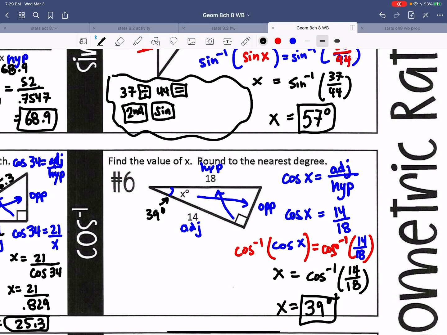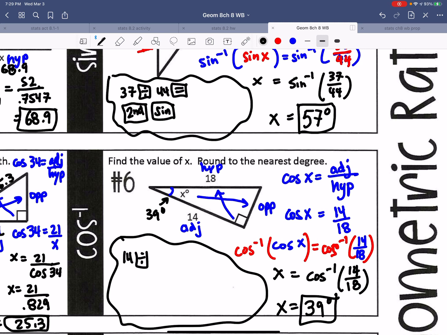I'm looking for a number less than 90, right? If you're needing some help on what steps I took, I hit 14 divided by 18 equals, and then I hit that second button and then the cosine. Okay?